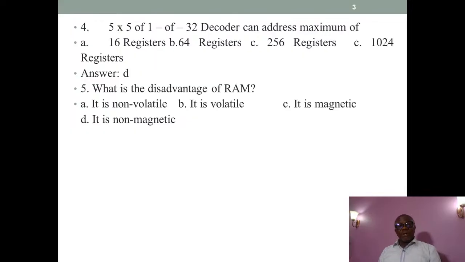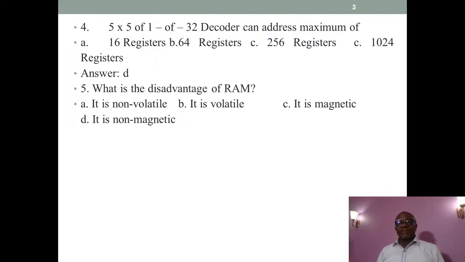For us to arrive at the answer, we know that we said the ROM, read-only memory, is non-volatile, because if the power goes off, the content of the ROM is sustained. And we have said previously that the CMOS battery is what sustains the ROM. But the RAM, anytime the power goes off, the content is lost.